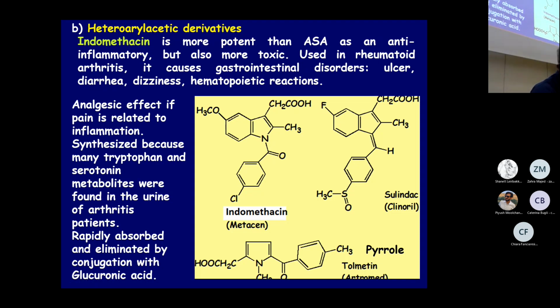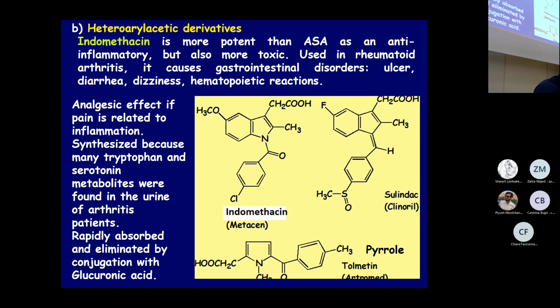In this case, we can have the cis isomer, where the second aromatic ring is in the same part as the first aromatic ring, or the trans configuration, when the second aromatic ring is in the opposite part of the first aromatic ring.